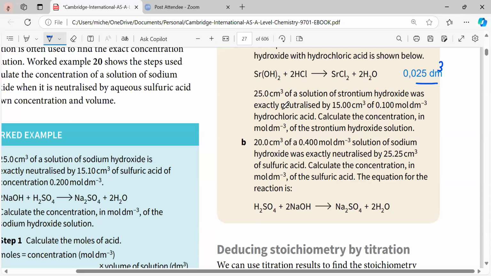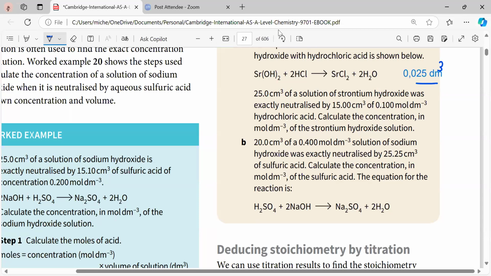Usually we need to find the acid first, but it's actually not about which one we are trying to find, whether it is the acid or not. We're trying to find the solution in the question for which both the volume and the concentration are stated, so that we can find them all.